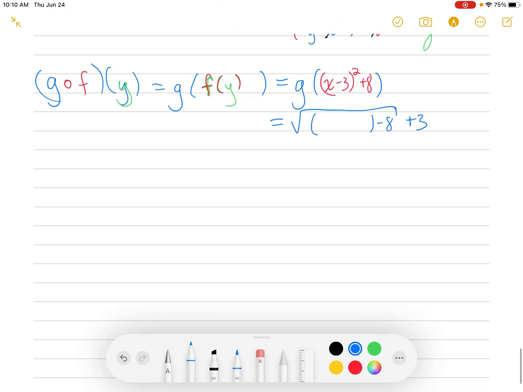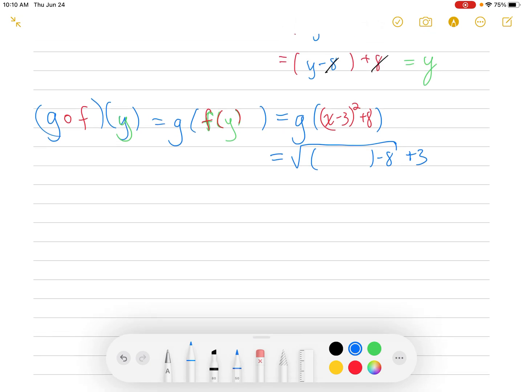So what do we have? The square root of blank minus 8 plus 3. Right, that's the form of our g function. In place of the y where the blank is, we're going to put the x minus 3 squared plus 8.